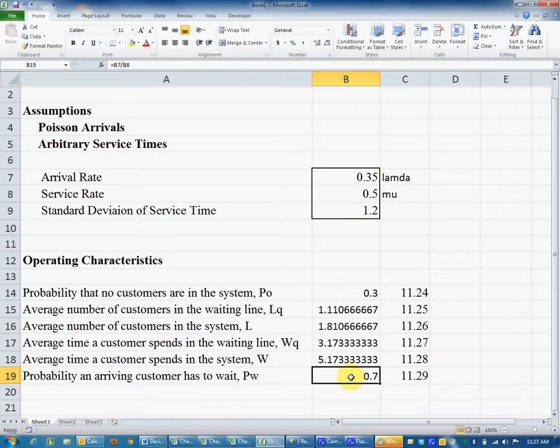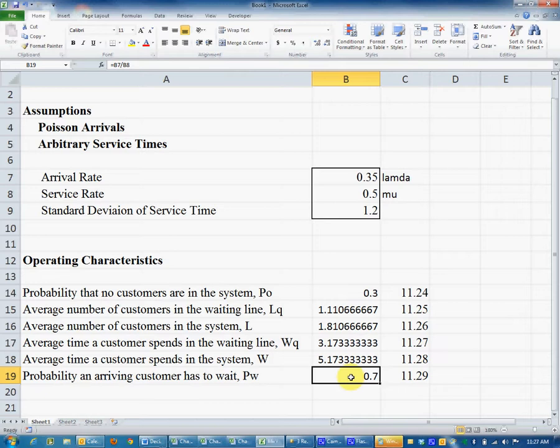So you only have to wait if there's somebody else in the system, right? If there's nobody in the system, you don't have to wait. So if you knew what the percentage of the time there's nobody in the system, it'd be 1 minus P0, probability of customer service. That's right, 1 minus P0. So 30% of the time there's no one in the system, so you can even do that in your head. That means 70% of the time there is someone in the system, so I'd have to wait.